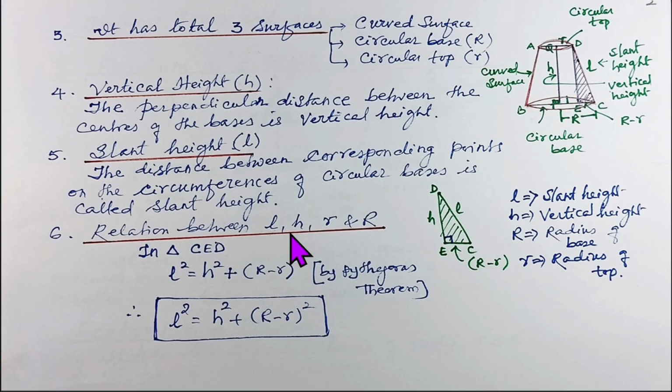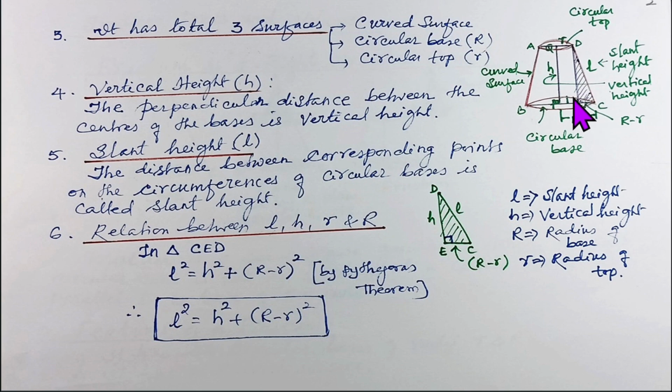Now the relation between l, h, r and R. Now r is the radius of the top circular surface, capital R is the radius of the circular base, l is the slant height, h is the vertical height. So let us understand the relation they have.